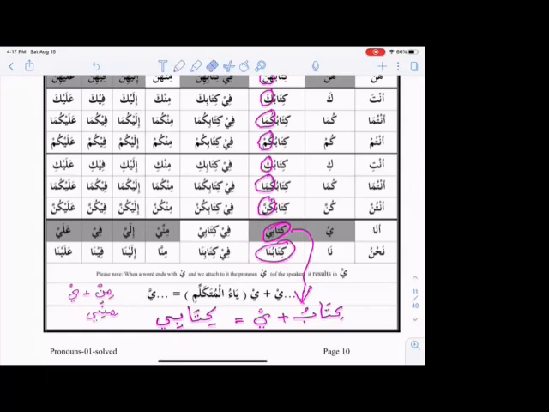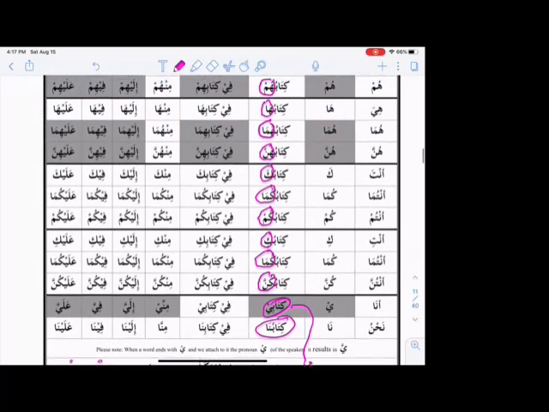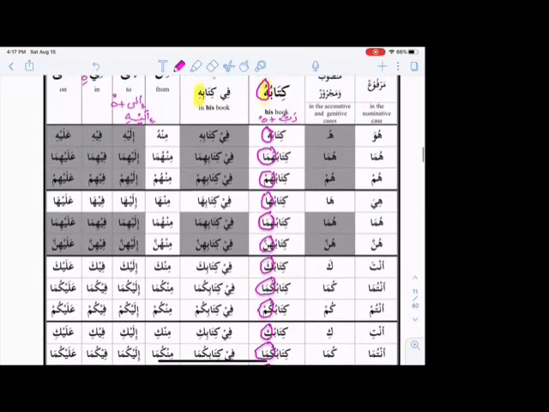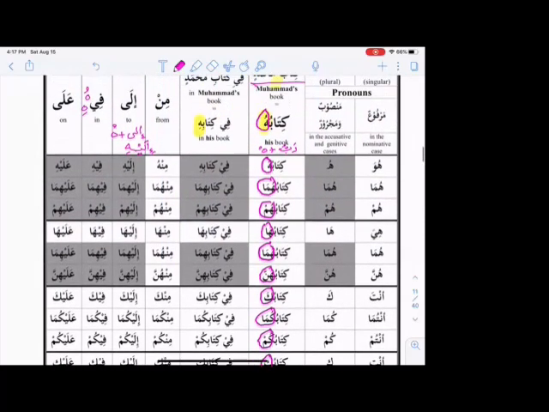Okay. It becomes minni. I don't think I had done this with you. Min, ni. Okay. So I want to show you this also. I have time. We can utilize it, inshallah.